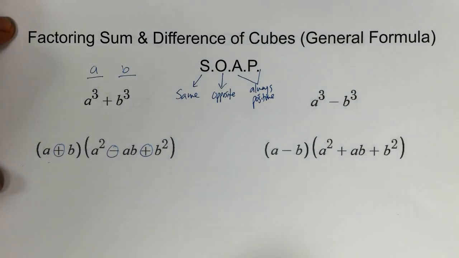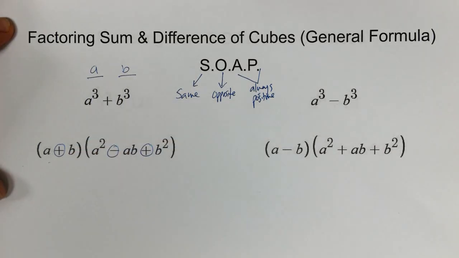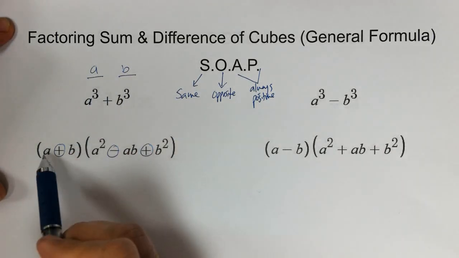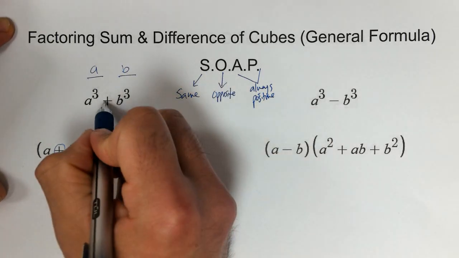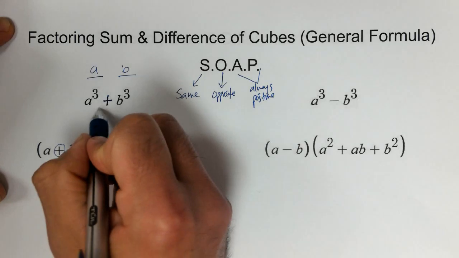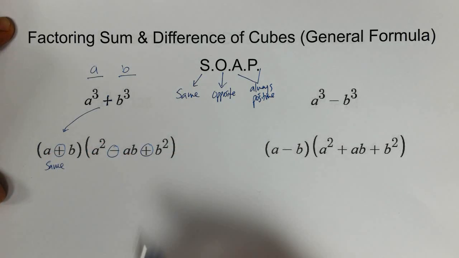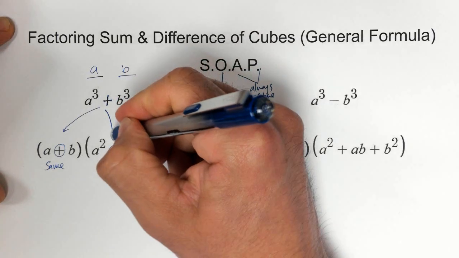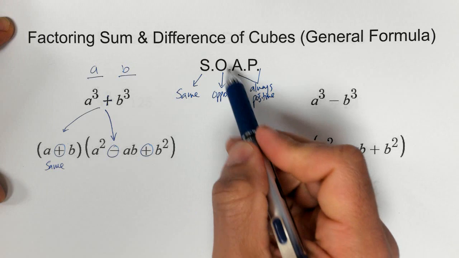So notice how I identify the two values I'm dealing with, and I'll do an example with numbers in a minute, A and B. I'm going to add the two because the first sign is the same. If I'm adding 2 cubes, the first sign is use the same sign. The next sign is negative because it's the opposite sign.